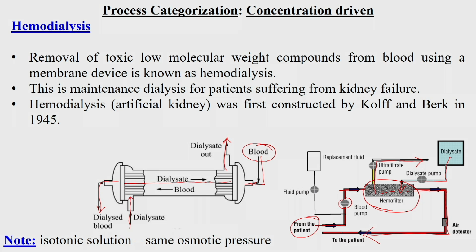Whenever we put the dialysate, we need to consider the osmotic pressure, otherwise the blood will come into the dialysate, or the reverse may happen, the dialysate will enter into the blood and clot the blood, and it will create a hazard to the patient.